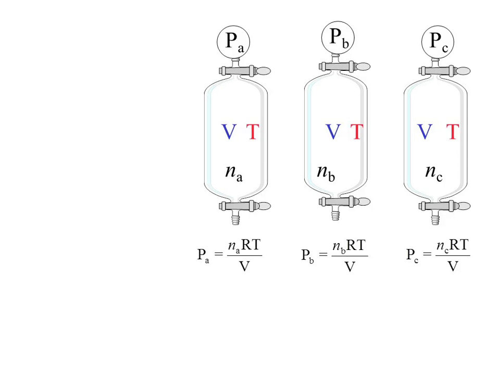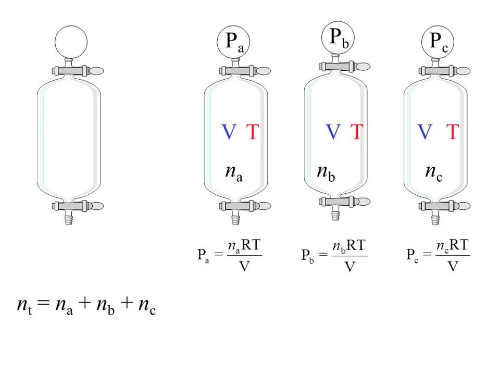All right, so you know what's going to happen, like we did with the hydrogen and the helium. We're going to somehow get these 3 gases into a 4th container that has the same volume, hanging out at the same temperature. We're going to get all those moles over here. The total number of moles in here is the moles of each of the individual gases.